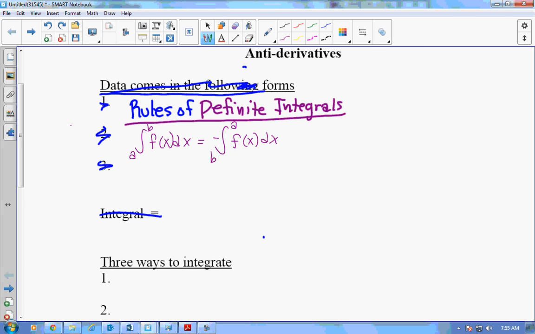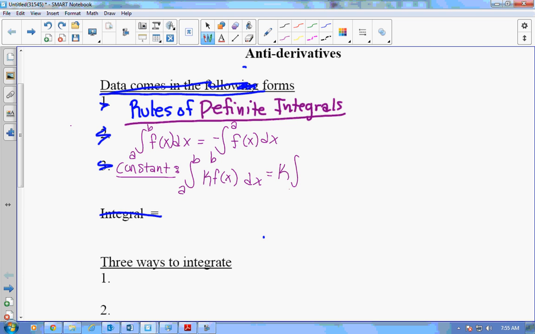Okay, so the constant rule. The constant rule is if we are integrating some k f of x dx from a to b, you can pop out the constant in front of the integral.